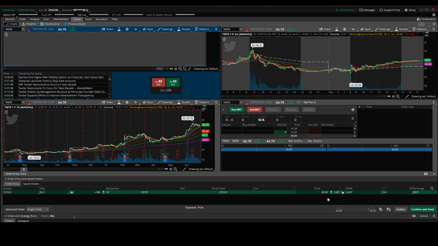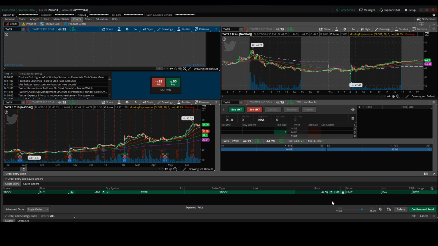Now, with the limit order, let's say you did not want to pay $45 per share. You'll come over here, you'll click this button right here, and you'll just change this to whatever you want. So we'll just say $44 per share.